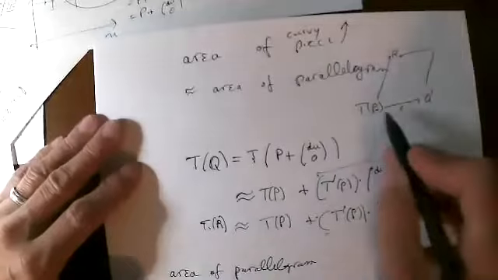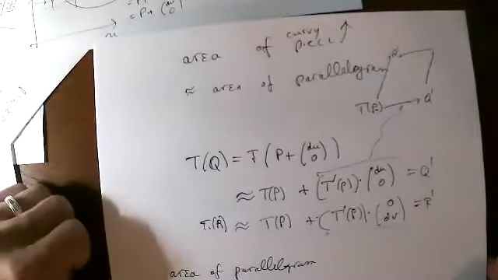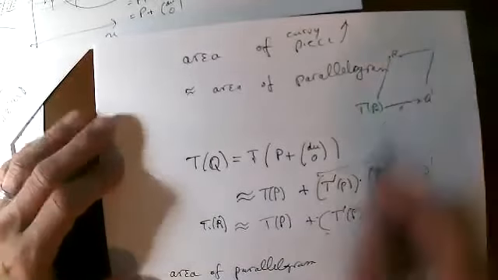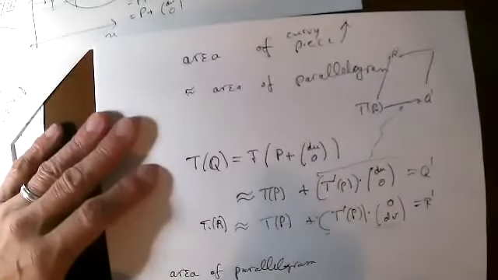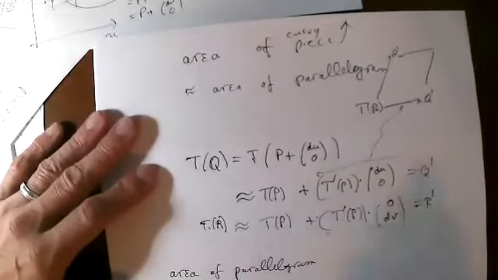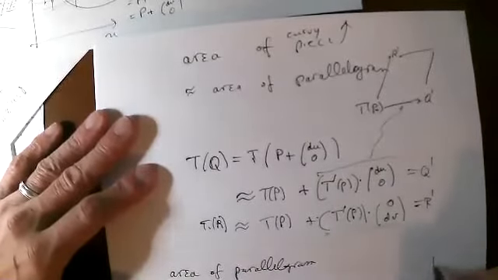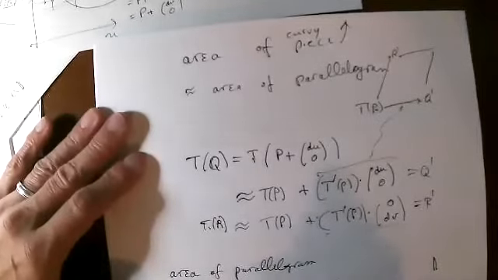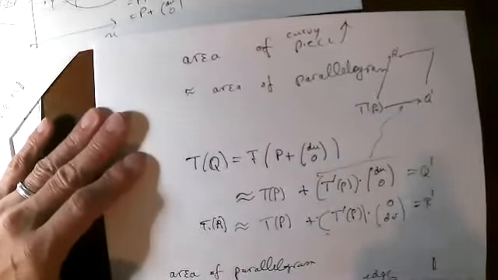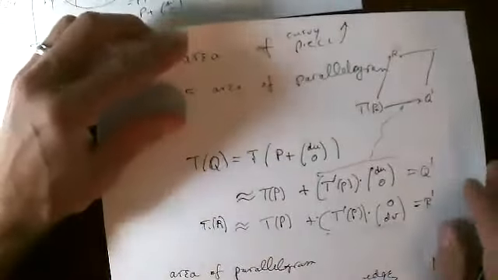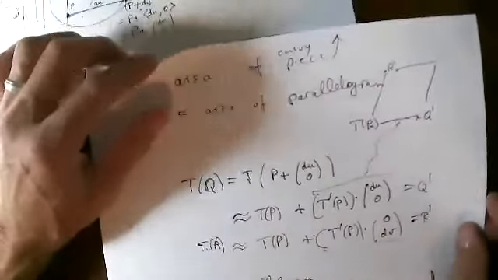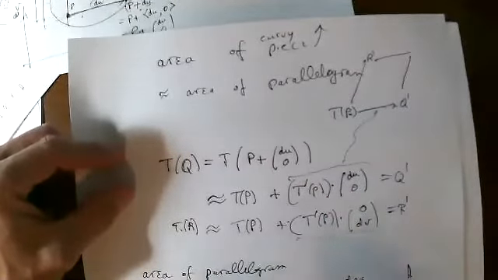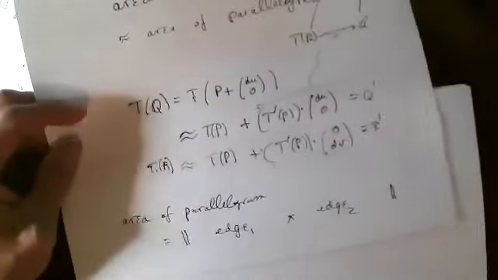The area of the parallelogram is the magnitude of the cross product of the two vectors along the edges. I bet you didn't think you were going to see that formula again. So I need to take the cross product of these two vectors and find the magnitude of that vector.